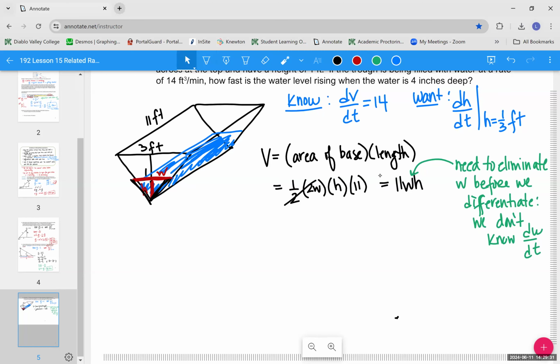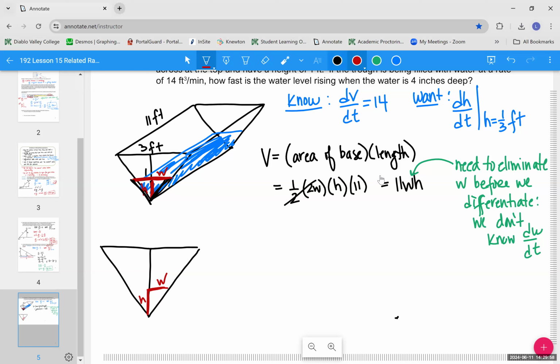Okay, so this is what I was referring to in the very first video about needing to eliminate a variable. And the way we're going to do it is also from similar triangles. So I'm going to zoom in on this one base. And I'm going to fill in the water level that we talked about here.